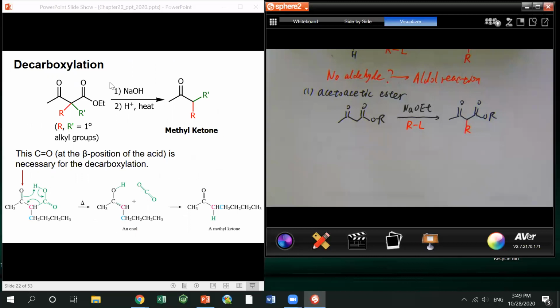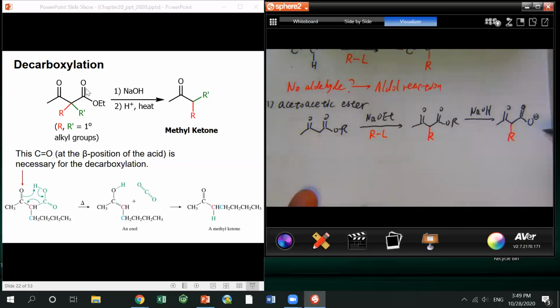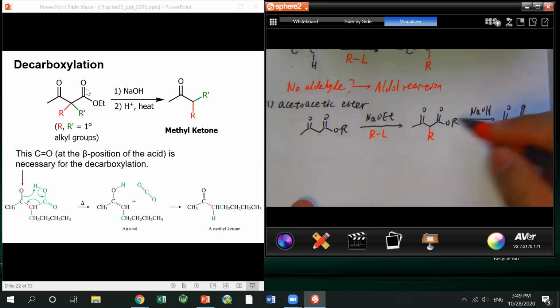You hydrolyze the ester into carboxylate. So what's the reaction name for this reaction? Ester hydrolysis under basic condition.